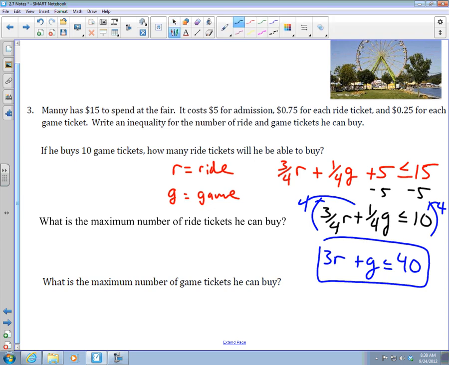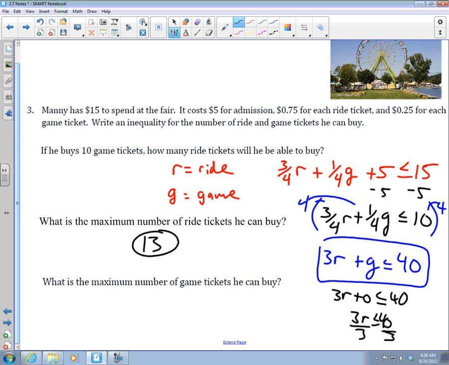What is the maximum number of ride tickets he can buy? Well, that is where I'd plug in 0 for G, so I'll say 3R plus 0 is less than or equal to 40. Basically, 3R is less than or equal to 40. Divide both sides by 3. And you get 13 1/3. So basically, 13 tickets.